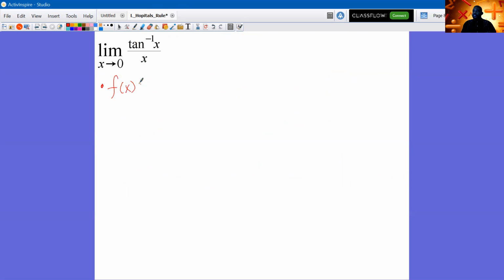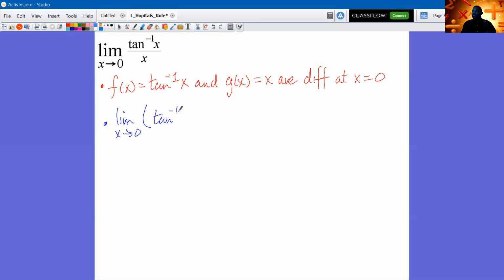Let's talk about first differentiability. Next, let's evaluate each function to see what the limit will be.